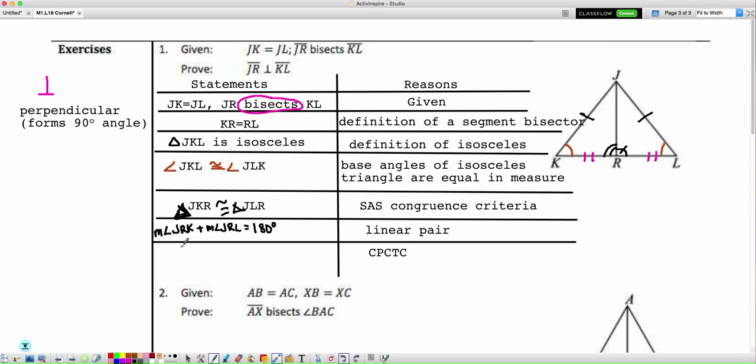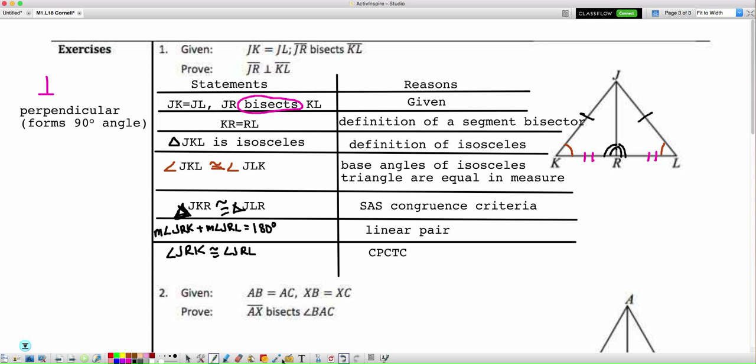So I'm also going to say that angle JRK is congruent to angle JRL because they correspond to each other. So now that I know that they correspond to each other, I'm just going to label them exactly the same way, right? So I'm going to say if that has two arcs, then this one will also have two arcs.